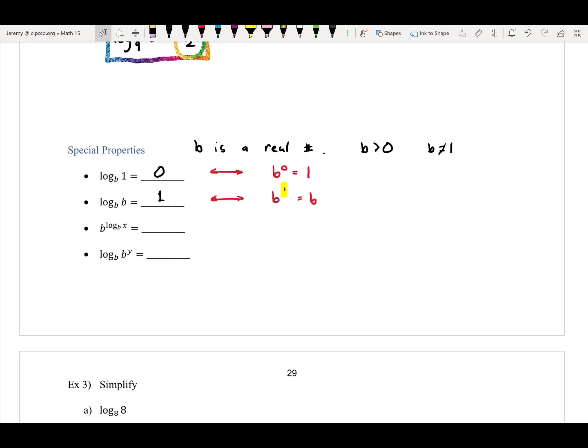This next one is not quite as intuitive, not as easy to figure out as the ones over here. b to the power of log base b of x. It turns out this is just equal to x. Why is this the case? Remember, b to the x and log base b of x are inverses of one another.